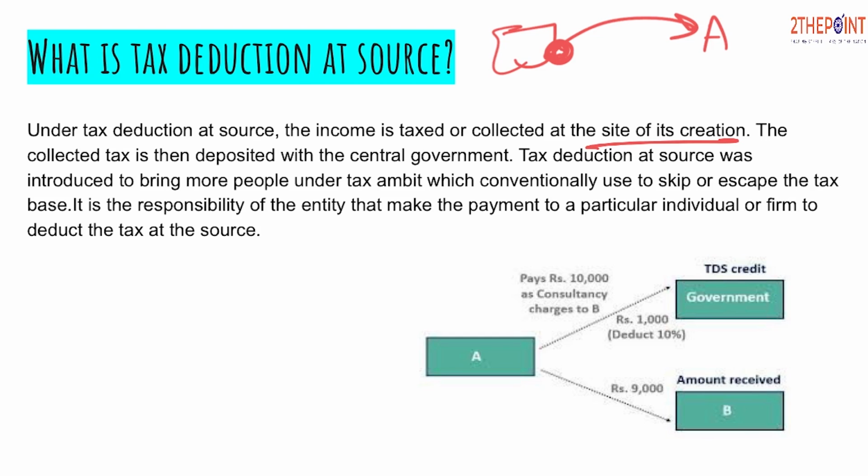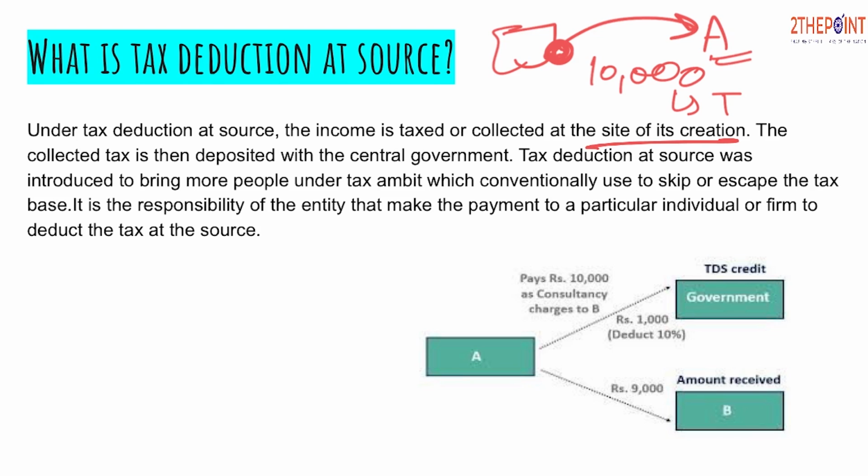The tax will be deducted here only, while payment is being released. Let's suppose 10,000 is the payment that the architect is charging for providing the services. When my firm releases this payment, they will automatically collect the tax at the prevailing rate and then release the rest of the payment to the architect.